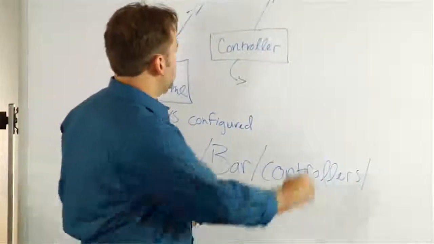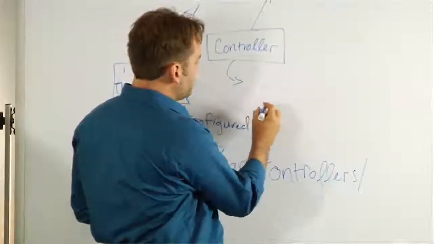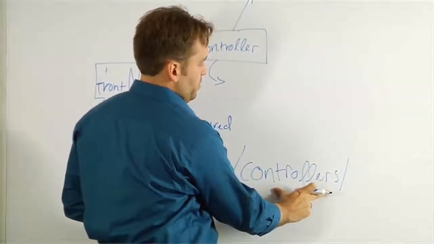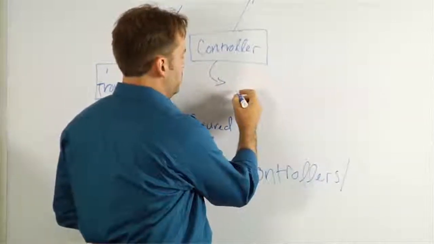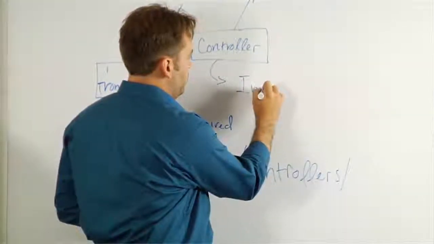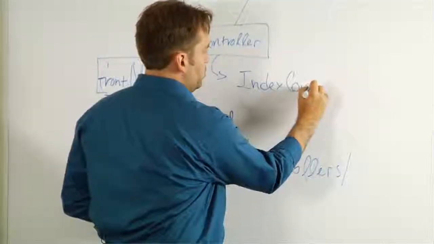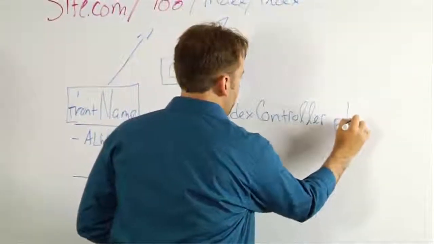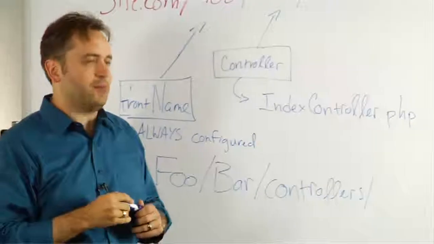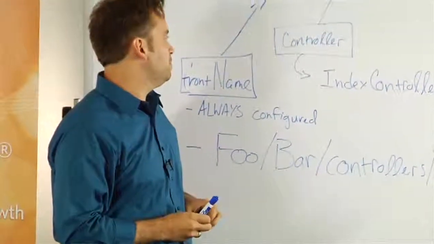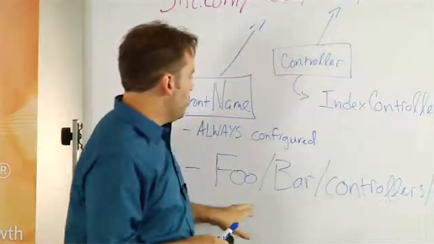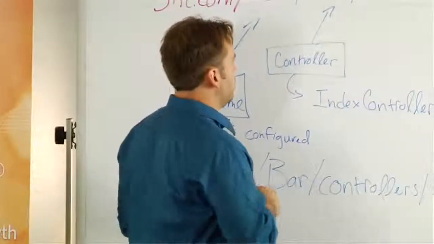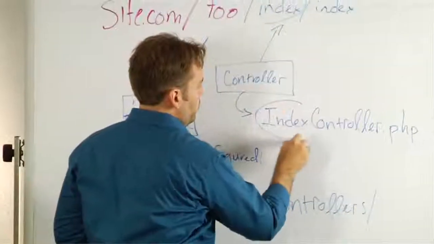So my controller is just a file that'll be found after this. For example, in this case, we have index controller, and this is simply how your files are named for controller files. So foobar controllers index would mean indexcontroller.php. This matches up with that.